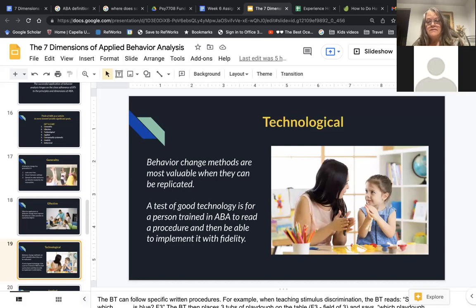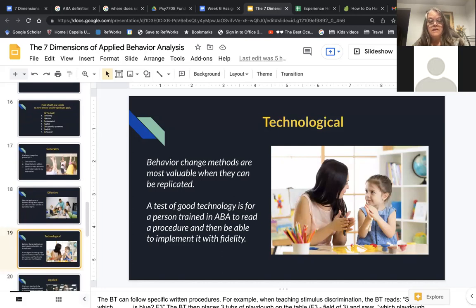In this little example here, the therapist could read the program, and it might say, the SD is which blank is blue in a field of 3. And then that little bit of instruction could be just written for the BT.